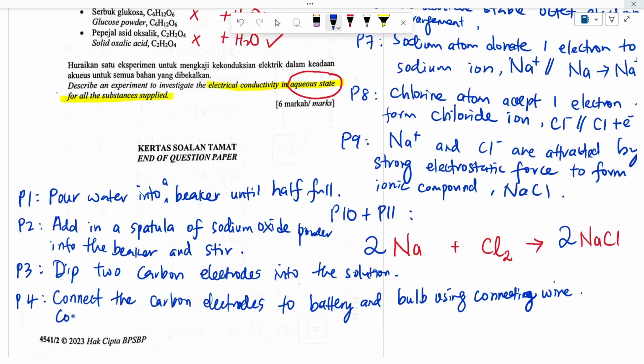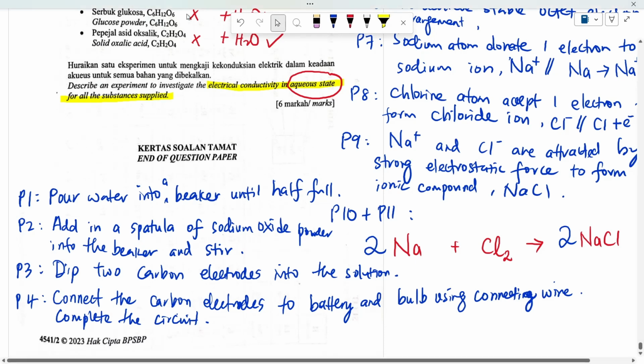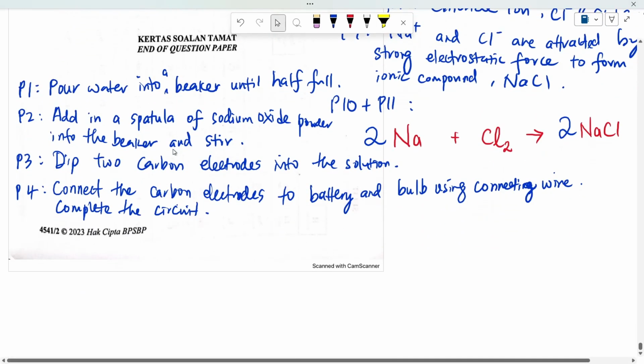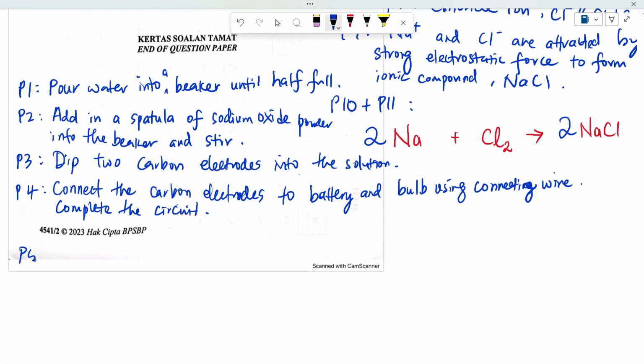Then complete the circuit. Complete the circuit here means you turn on the switch actually. Okay, after that, point number 5.